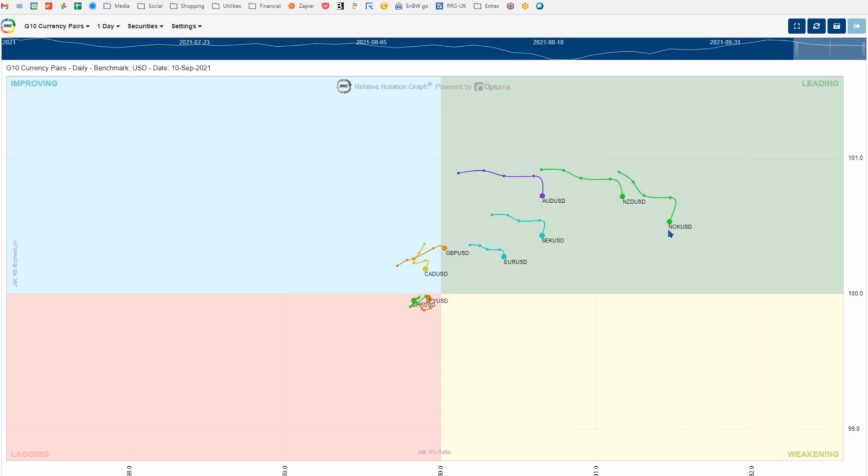It's the usual candidates, actually. Norwegian crown furthest on the right. That means most outperforming the US dollar, then New Zealand dollar, Australian dollar, Swedish krona, euro, pound right on the line here. Then close to the vertical 100% level, the Japanese yen, the Swiss franc, and the Canadian dollar.